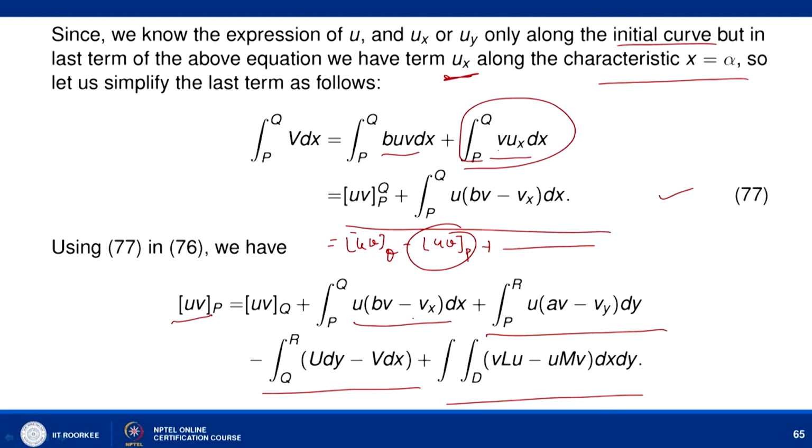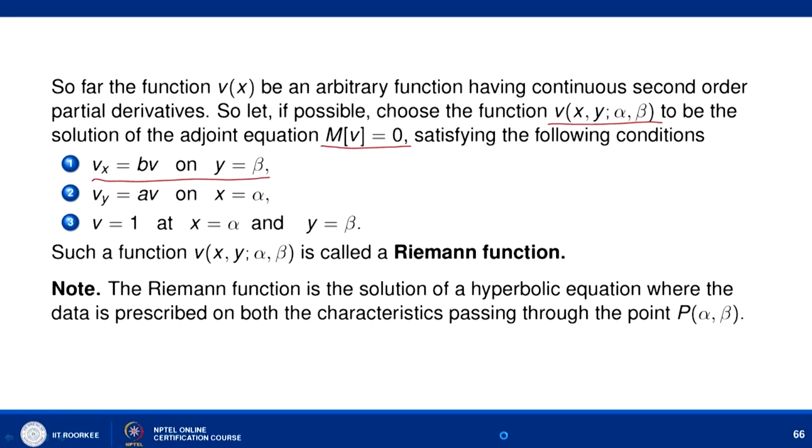So, along y equal to beta we want vx equal to bv, along x equal to alpha we want vy equal to av, and also that Mv is 0. It means that v is a solution of the adjoint equation. So, let us write it here: vx equal to bv on y equal to beta, vy equal to av on x equal to alpha, and v equal to 1 at x equal to alpha and y equal to beta.